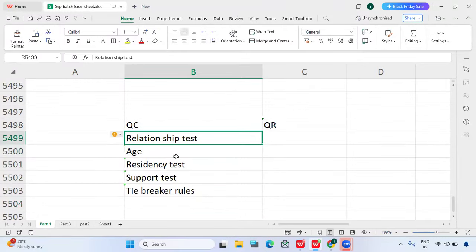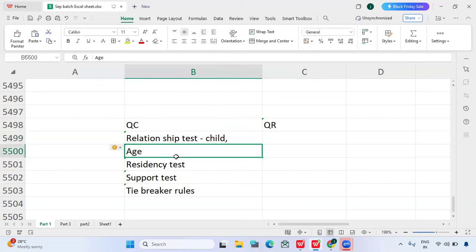Okay. So now relationship. Who can be qualifying children? Children, adopted children, foster children, sibling, step sibling, half sibling, brother, sister, descendant of any of the above, right? Age.